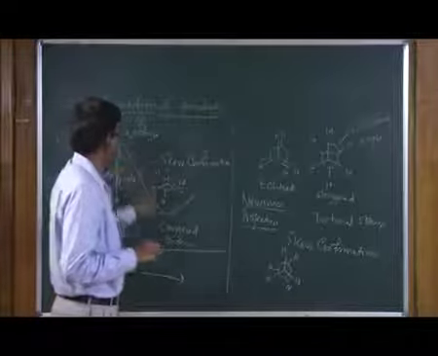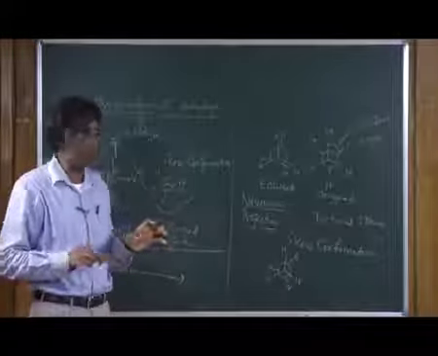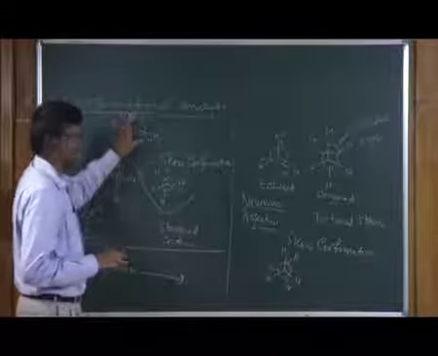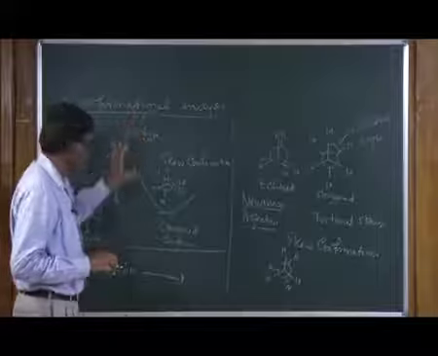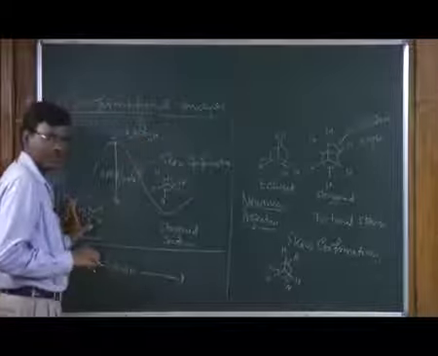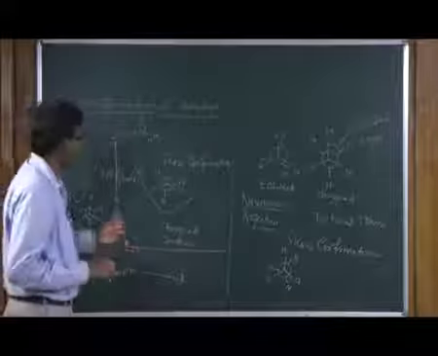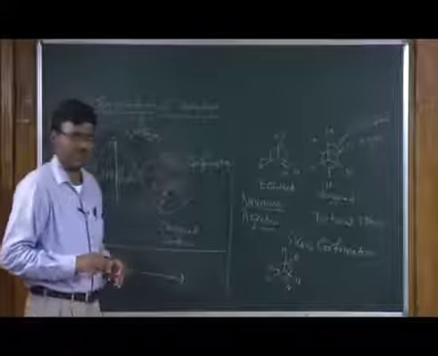If you take ethane, these are the two extreme conformations. This one is less stable due to torsional strain, and this is the most stable. In between there are so many possible conformations, and those are called skew conformations.